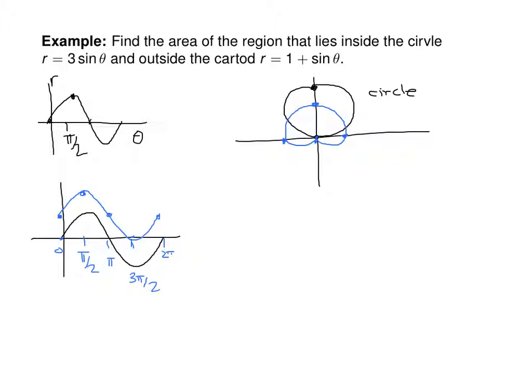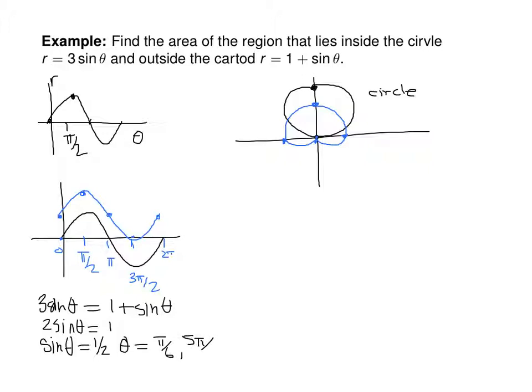So now, if we're looking for the area of the region between these curves, we have to figure out where 3 sine of theta is equal to 1 plus sine of theta, which tells me that 2 sine theta equals 1, which means sine of theta is a half, and that happens for theta equals pi/6 and 5pi/6. And so the area is equal to first the area of the outer curve between the rays of pi/6 and 5pi/6.